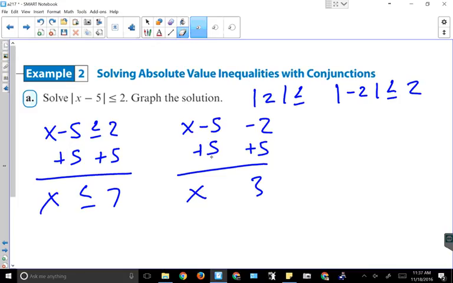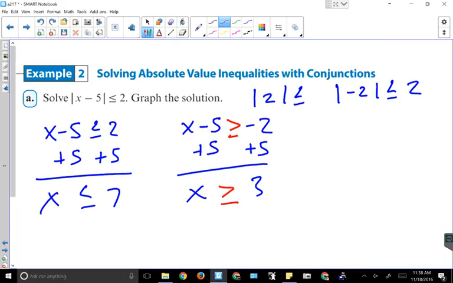When we put the negative in, write this down, put a note in there for yourself: flip it. Because values that are larger than 3 and less than or equal to 7 work.